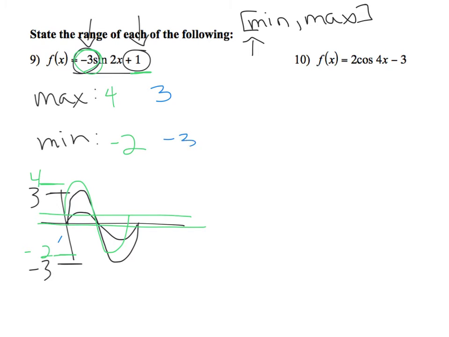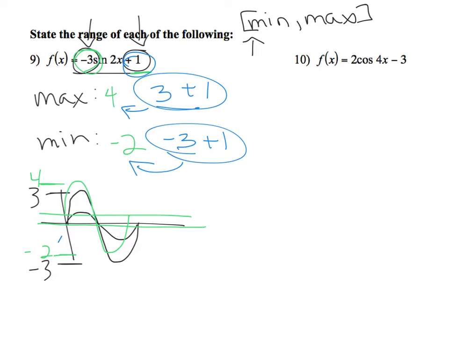And the min is still a negative 3. And then you take the plus 1 and you add it on to both of them. So 3 plus 1 is 4. Negative 3 plus 1 is negative 2. That was confusing. Let's try it again. So you just take the max and the min, okay, and you look at this number. You make it positive for the max, negative for the min, and simply add this number on.